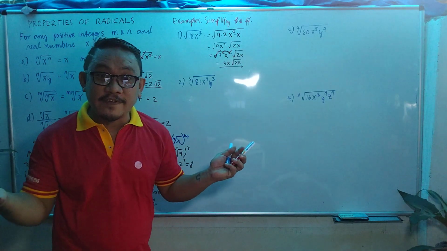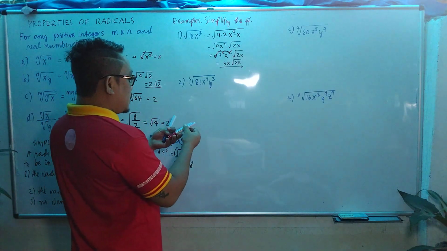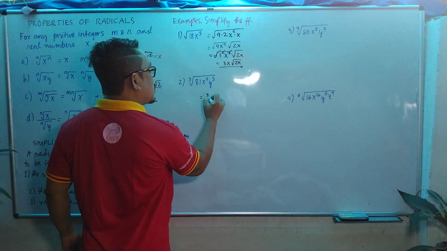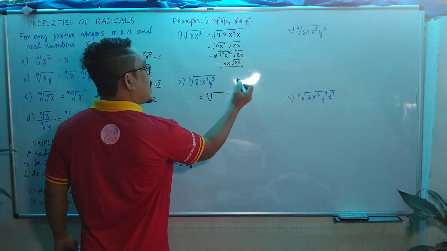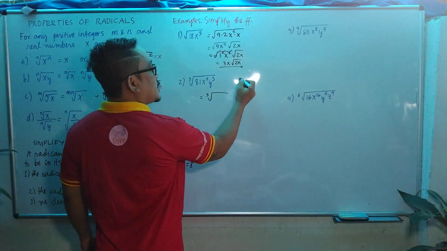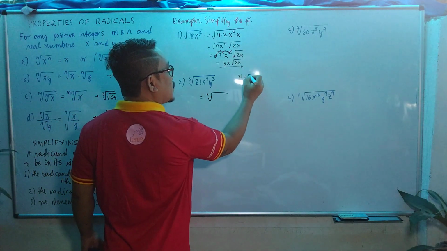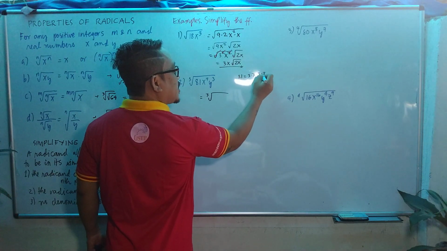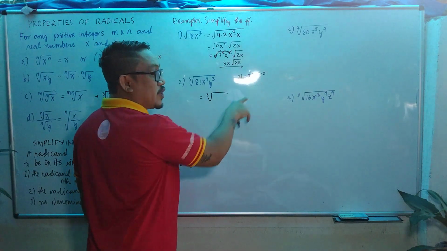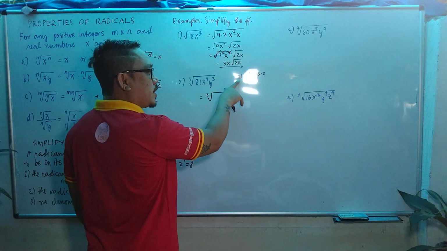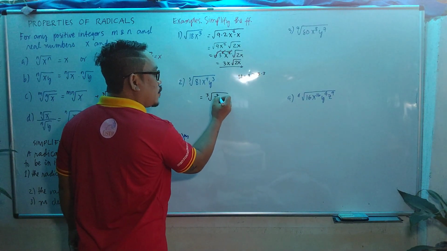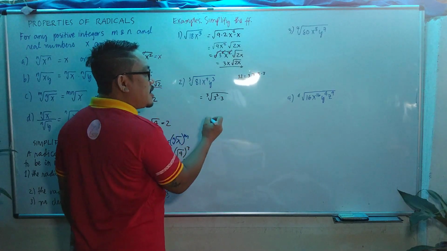We can have 27 times 3. 81 is 3 times 3 is 9, times 3 is 27, times 3 is 81. So, we can write it as 3 cube times 3.